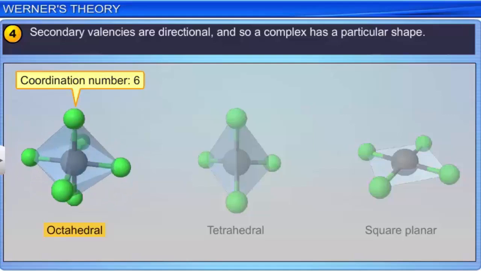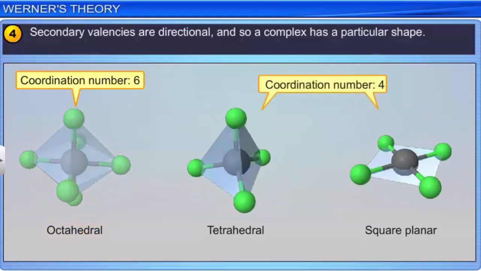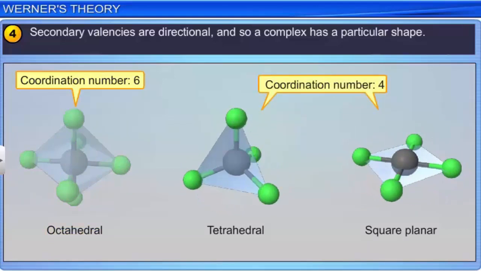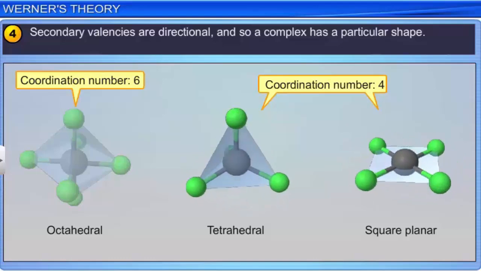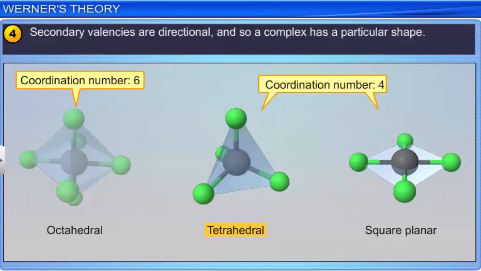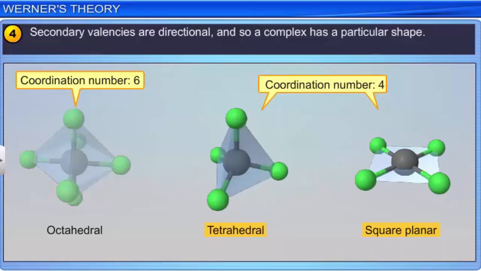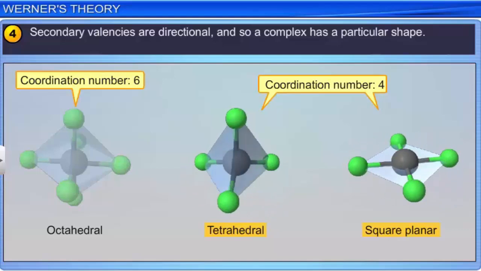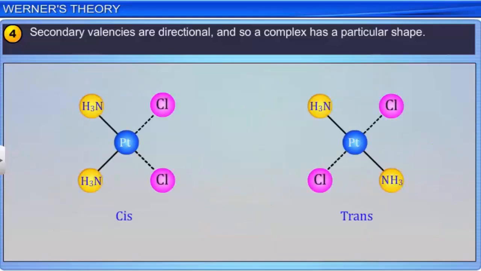The coordination number 4 is also common, and this gives rise to either tetrahedral or square planar complexes. This postulate predicted the existence of isomerism in coordination compounds.